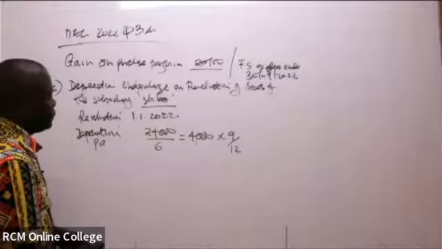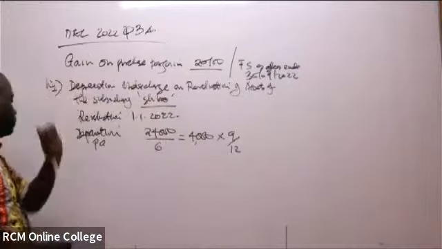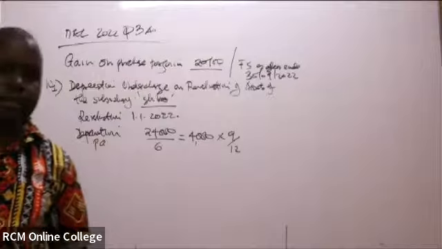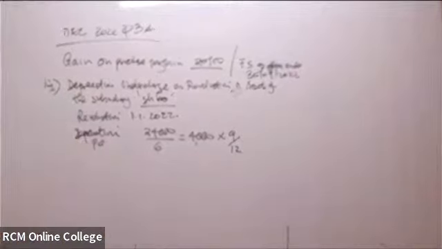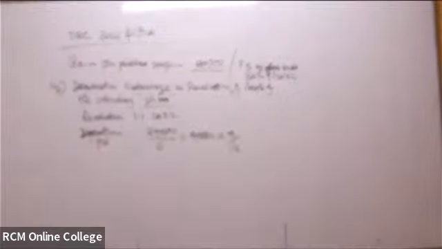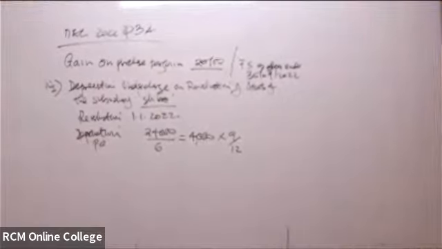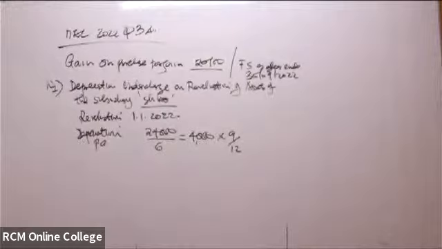4 million multiplied by 9 out of 12. I can see you're saying you can't see. What about there?